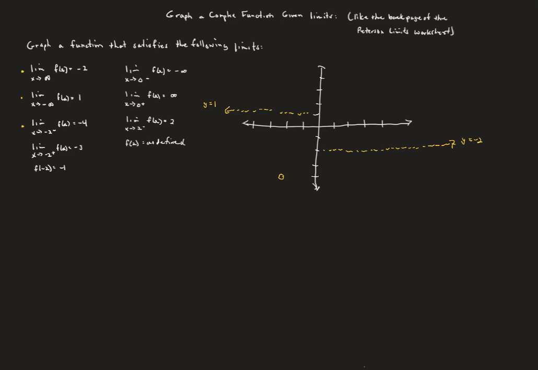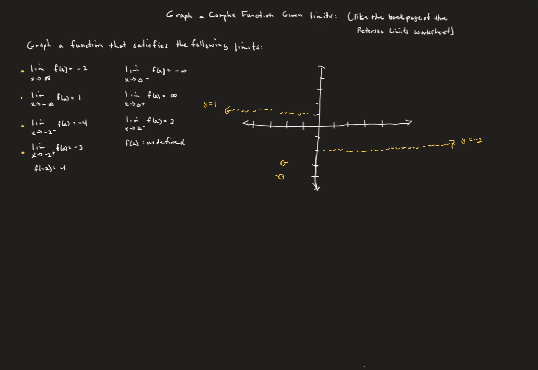I know it's going to approach that from the left, so I'm going to put a little tail to indicate to myself later that that's only the limit as I approach from the left. Now, as we approach -2 from the right, it's going to be -3. So I'm going to put an open circle there and put a little tail on the right because that's what the function is going to approach coming in from the right-hand side.